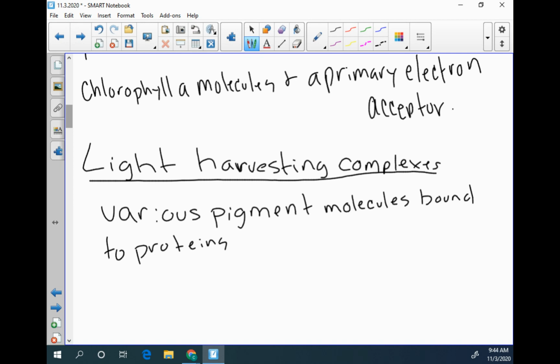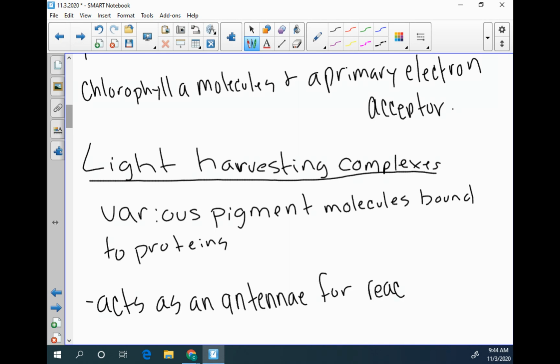The light harvesting complex acts as an antenna for the reaction center complex.